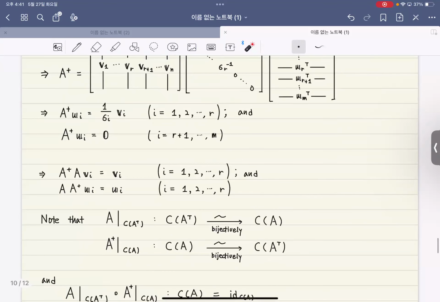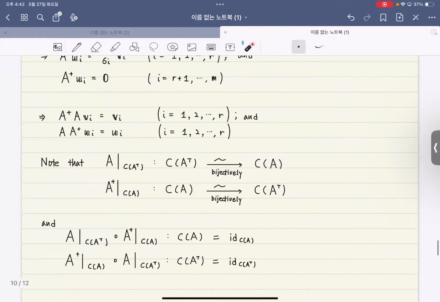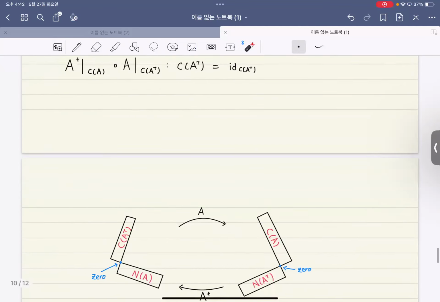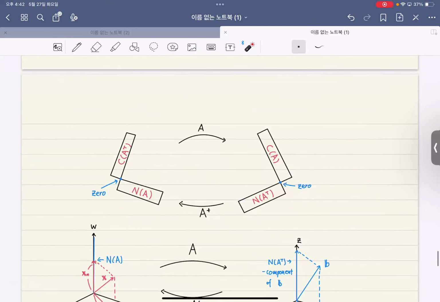So this is our original scenario. A is mapping row space to column space, and A plus is mapping column space to row space. Composing these two gives the identity maps on these subspaces. So if this is A, then A maps to here.